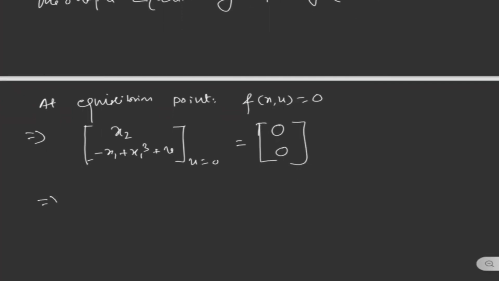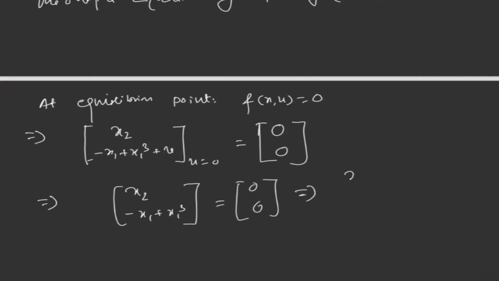From this, we can write x2 and minus x1 plus x1 cube equal to 0, 0. From this, we can write x2 equal to 0 and x1 equal to 0, minus 1 and plus 1.